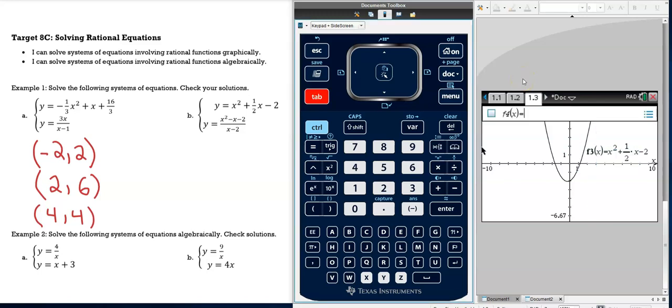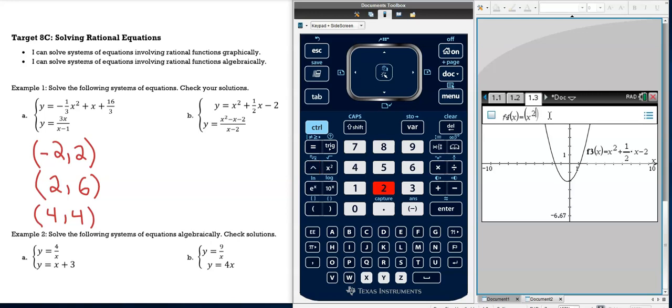For our next equation, let's put this numerator in parentheses. So we have x squared minus x minus 2 over, and then let's put that x minus 2 in parentheses as well.